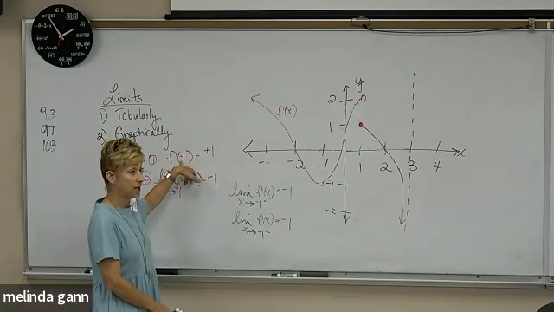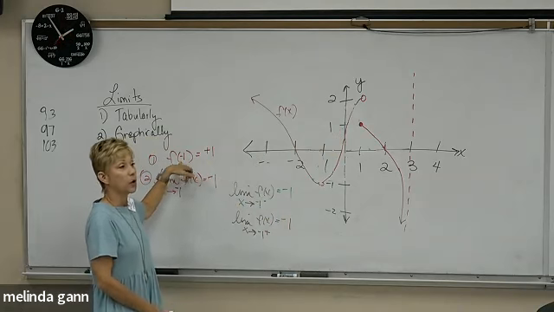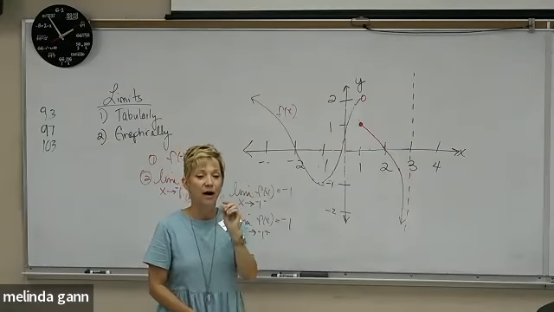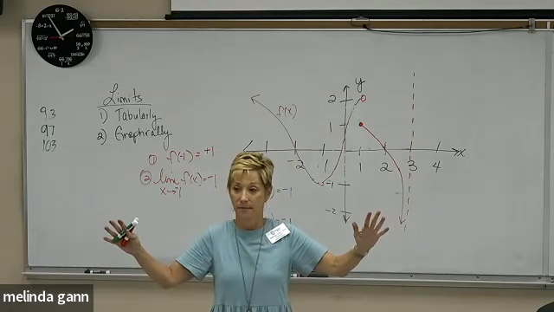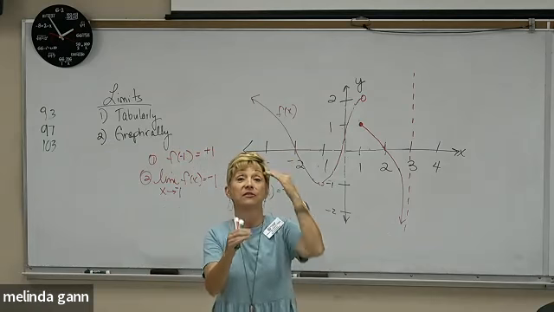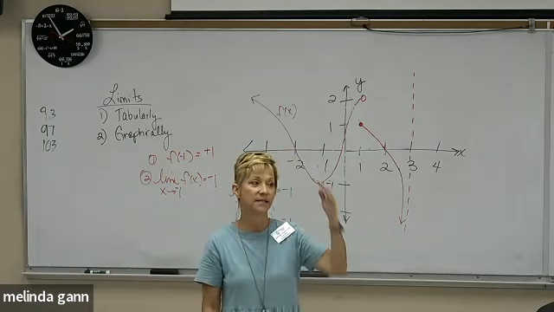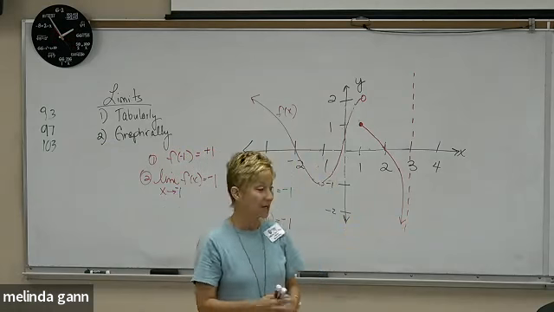Undefined, doesn't exist, no solutions. Everybody with me? So what I need you to understand is that what happens right at the point has nothing to do with the limit. Sometimes they're the same, sometimes they're different, sometimes one exists and one doesn't.